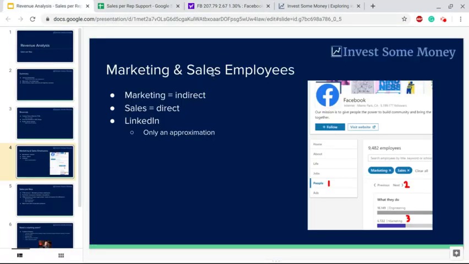And then the second part of the ratio, of course, is marketing and sales employees. Let me expound on that a little bit. That's the best proxy I could find for representatives. Now, again, not every single person that's a marketing or sales employee is going to be directly responsible for sales. So they're not necessarily sales reps in the traditional sense.